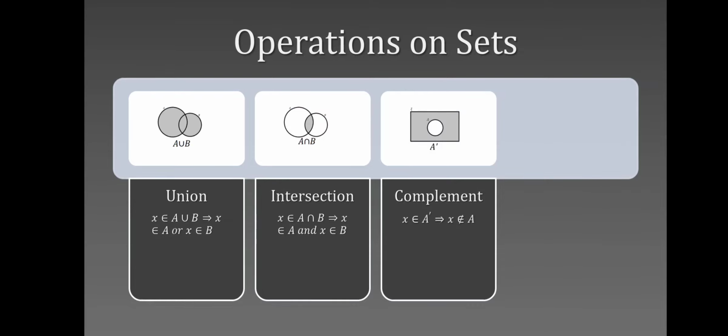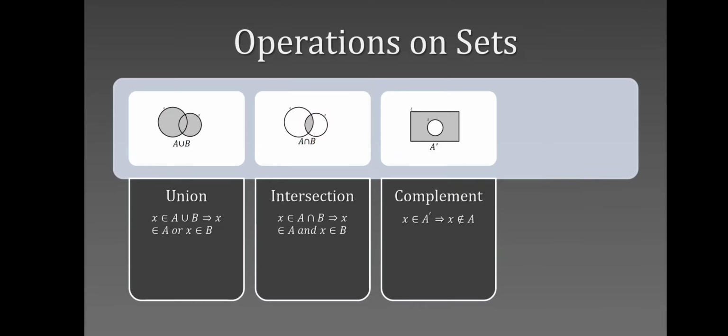When I'm taking complement of a set, it means the portion outside the set and in between the universal set. That is anything which doesn't belong to the set but belongs to the universal set, right?